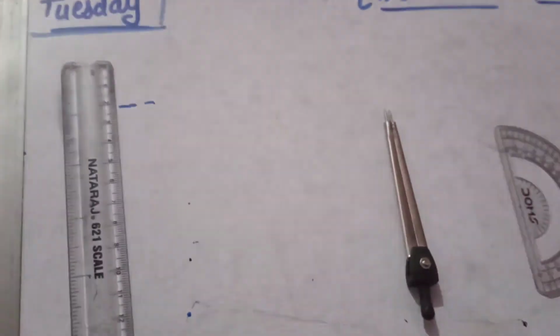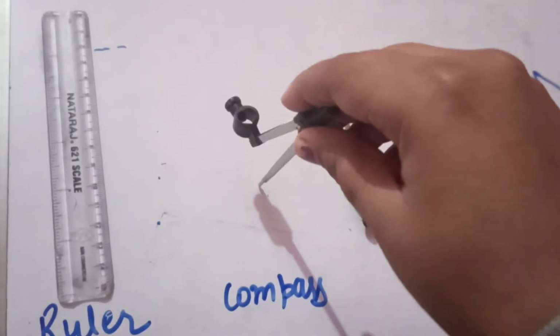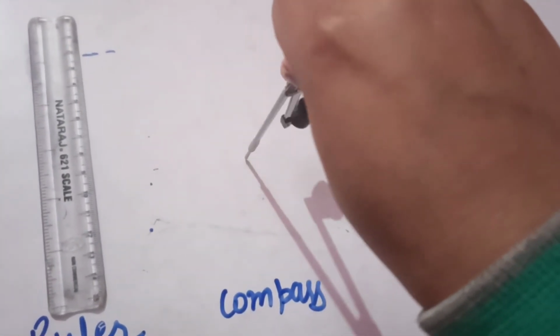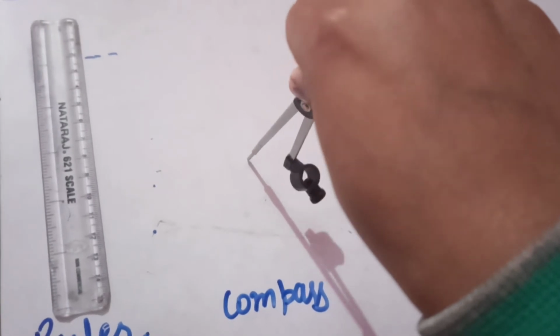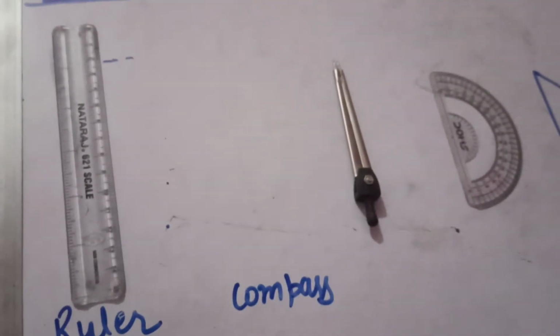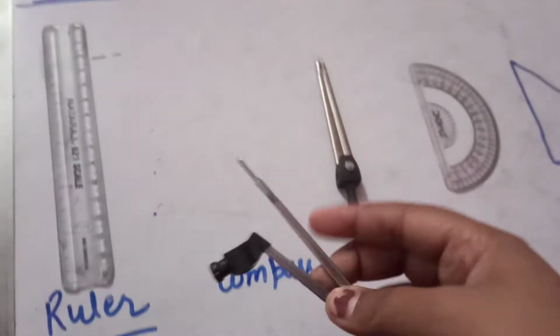So if you need to draw points with a gap of 2 centimeter, one point will come here and the other point will come here, and the gap between these 2 points is 2 centimeter, right?